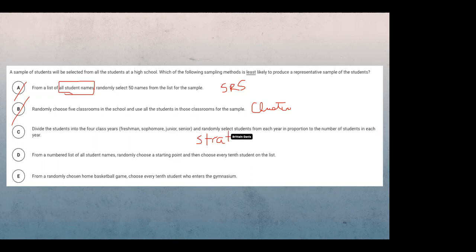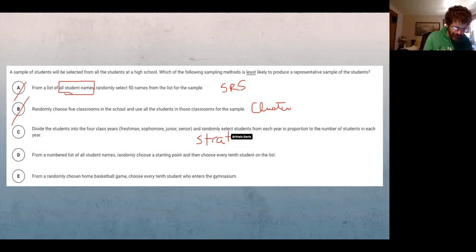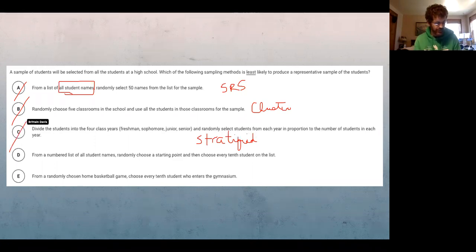Stratified. Yay, stratified, good job. It's a stratified random sample. All right, and it should be representative. So we'll call that good. Remember, it's all the students included.